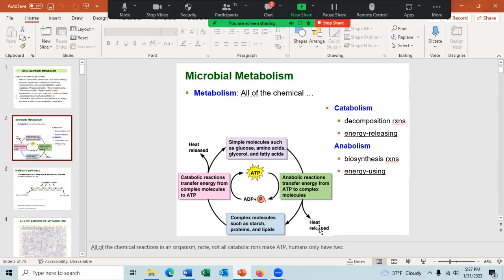Any question about anabolism and catabolism? All right. Anabolism requires energy for the reaction to proceed. Usually that energy comes from breaking ATP, which releases the energy for the anabolic reaction. And then the ATP is converted into ADP and inorganic phosphate.